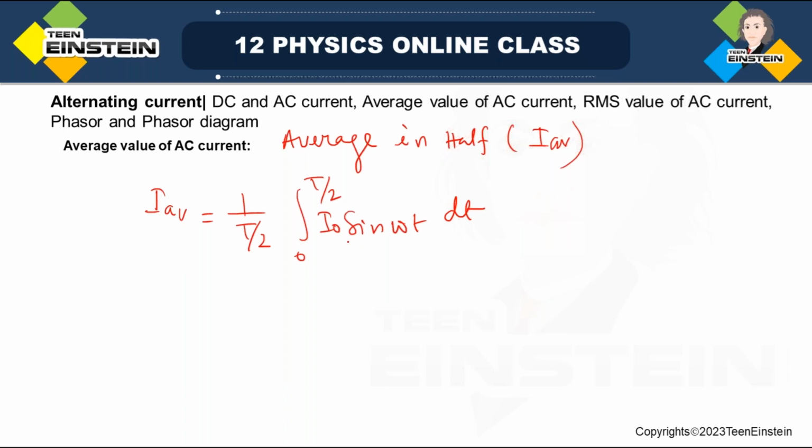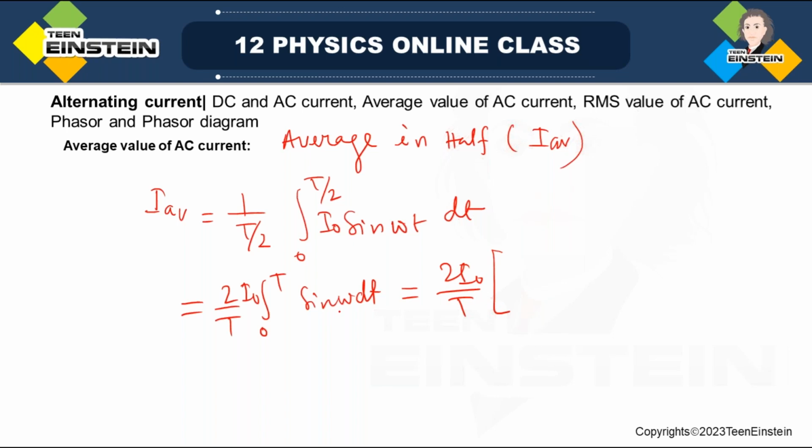Now if you do this, look what we get: 2 by T, integral from 0 to T of sine omega t dt, with I0 coming out. Actually the integration is the same, but the limits are different now.